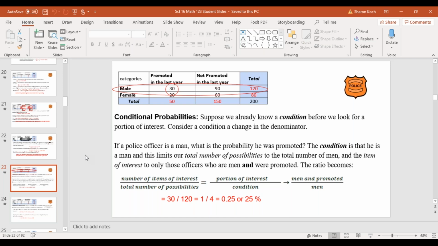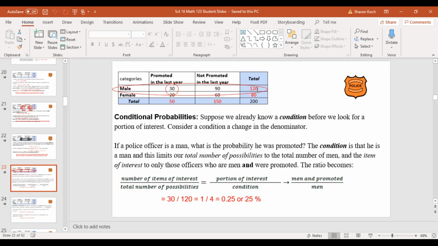So let's take a look at this example here. Notice it says, if a police officer is a man. So it's not telling me to pick a name at random. It's already telling me if the police officer were a man, so it wants me to concentrate on just the male police officers. Since it's wanting me to concentrate on them, my denominator is going to change. So my denominator is going to be how many men?